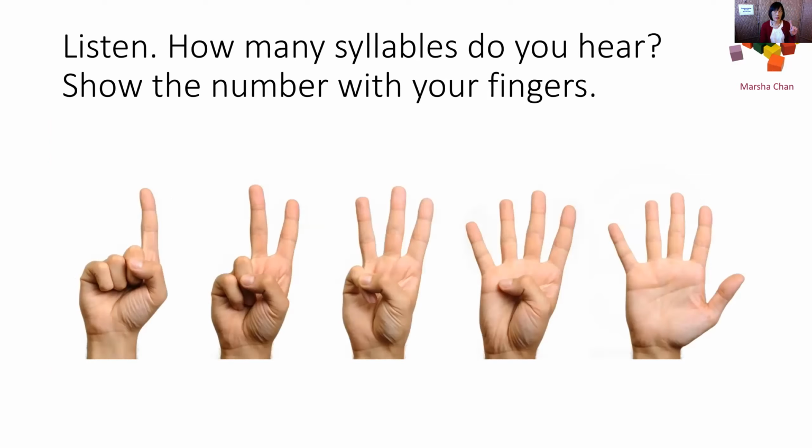I'll just go up to 4 or 5, just for the sake of simplicity in our example here. You will show me the number of syllables by holding up the fingers on one hand. And then you will also view my fingers as I give you the answer when I repeat it.